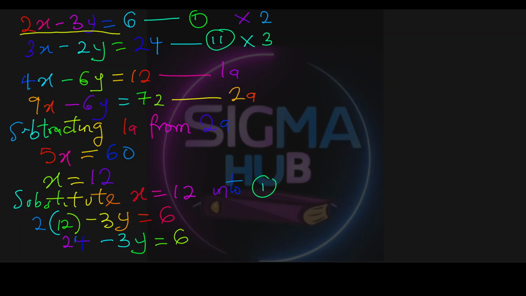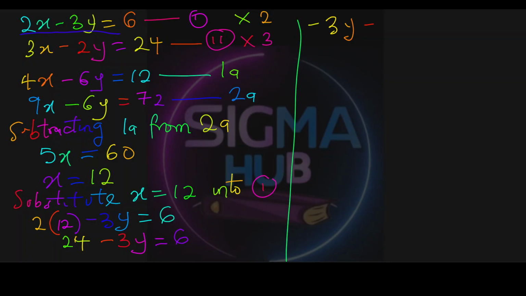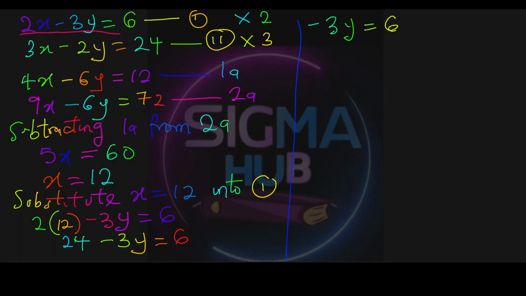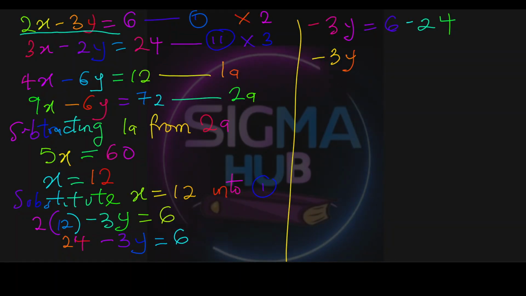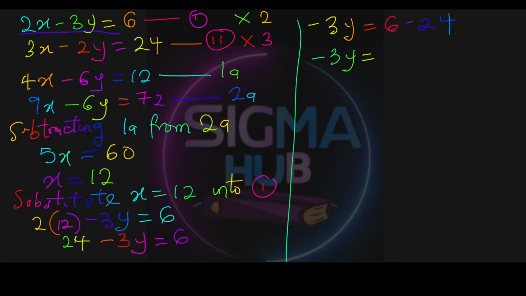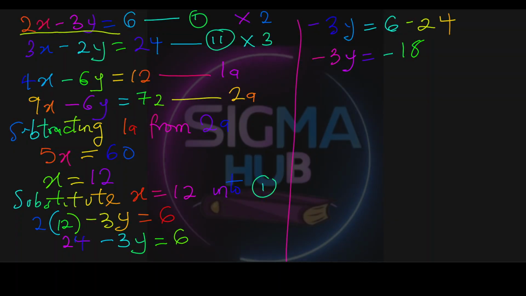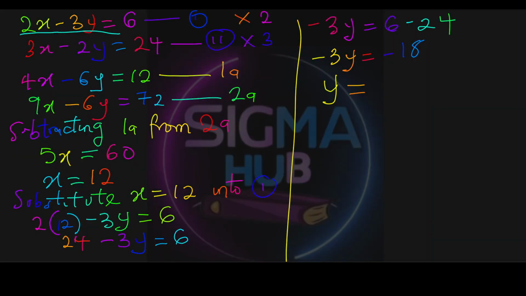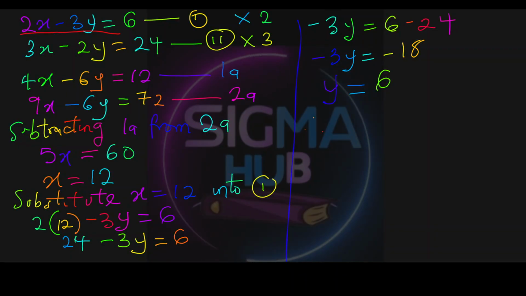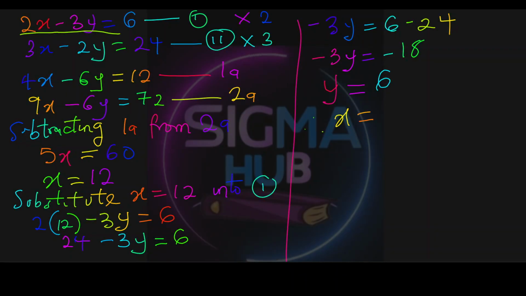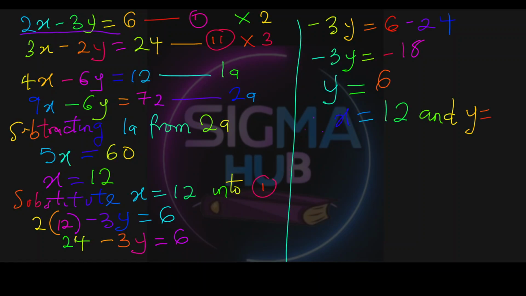Of course, we have minus 3y equal to 6 minus 24. So minus 3y equal to minus 18. So divide both sides by minus 3. You can easily get that y equal to 6. So therefore, I can say x equal to 12 and y equal to 6.